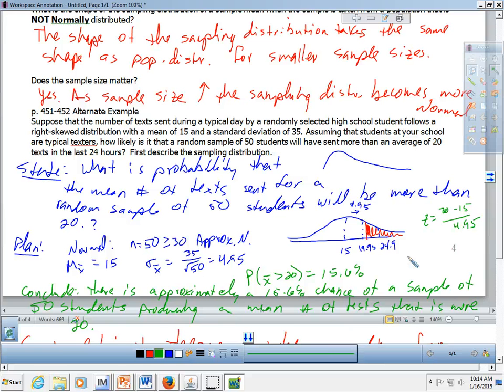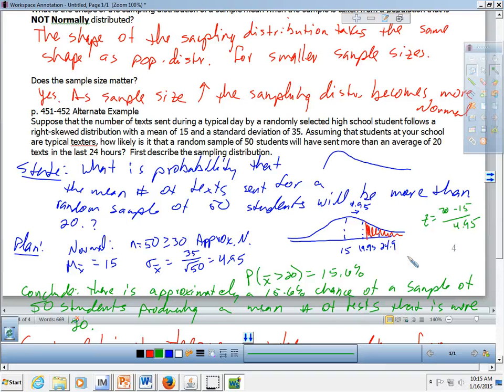And since 15.6% is not that unlikely, then we can assume that a sample that produces an average number of texts of 20 or more could very likely come from a population whose mean is 15 and standard deviation is 35. So we don't have any indication that our students at this school are any different texters than students in the entire country or population. Okay, so our school is not different than anybody else.